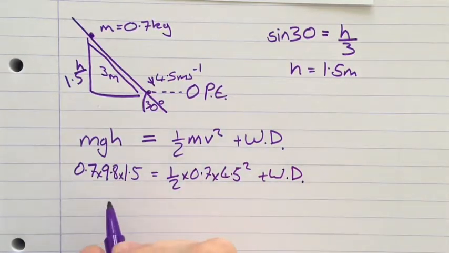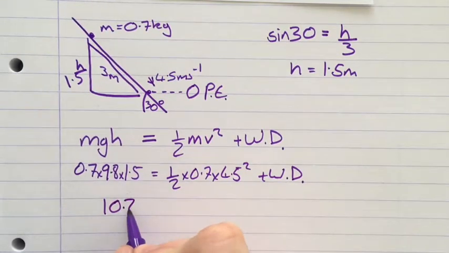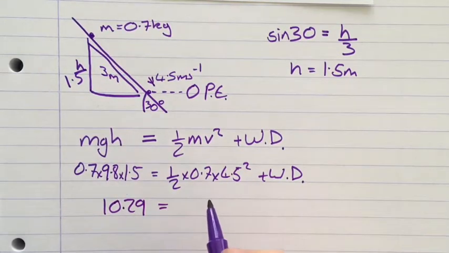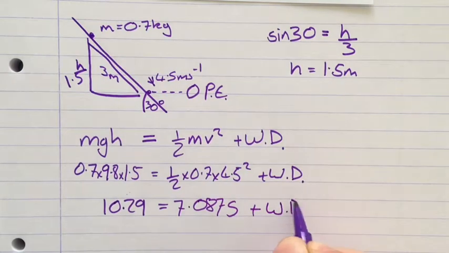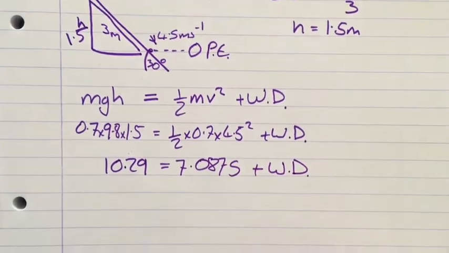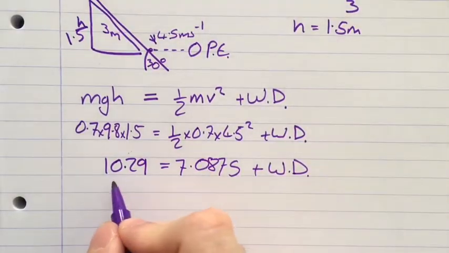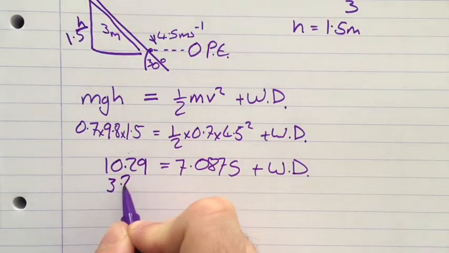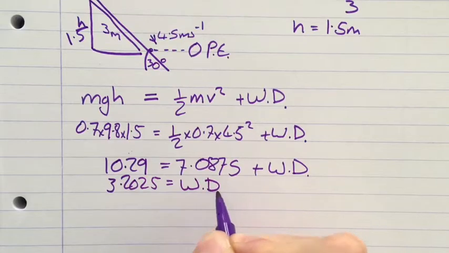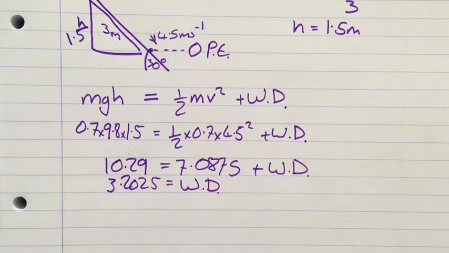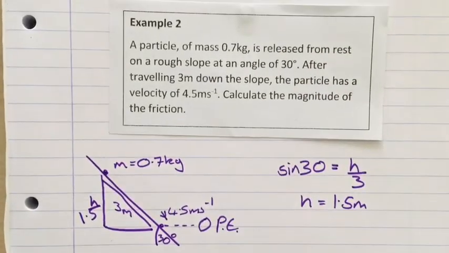And then follow that through. 10.29 equals 7.0875 plus work done, and that gives us 3.2025 equals work done.